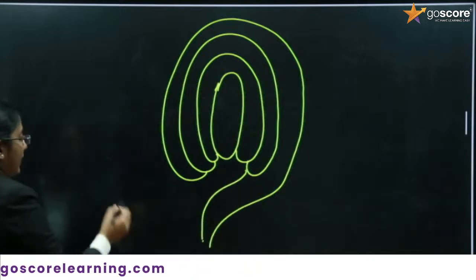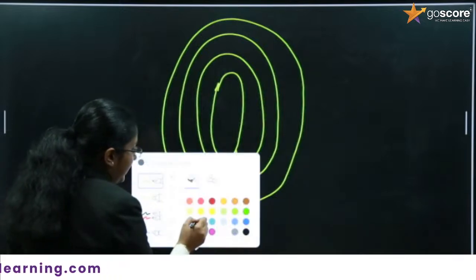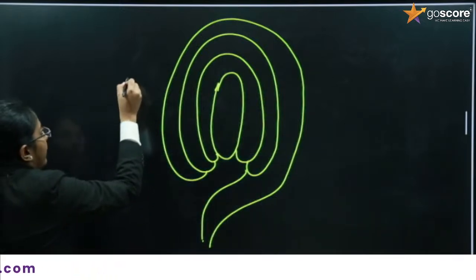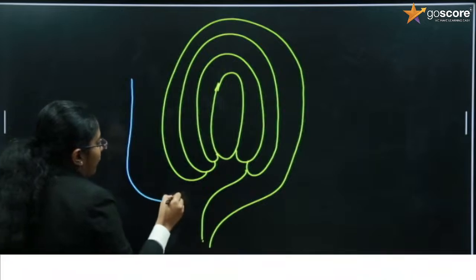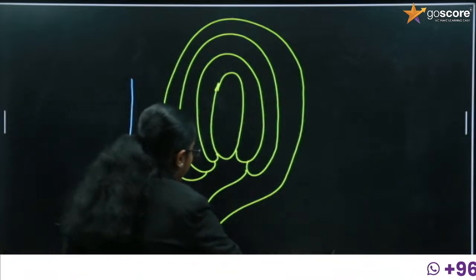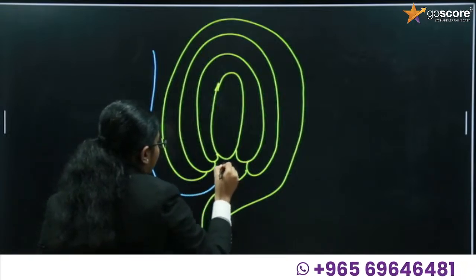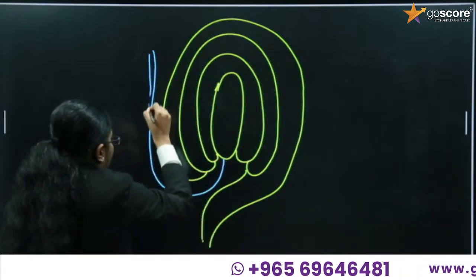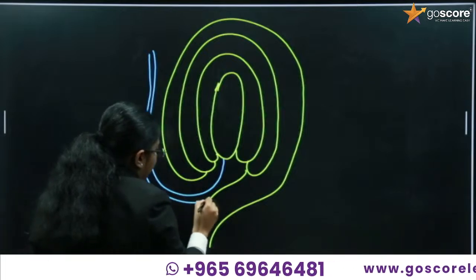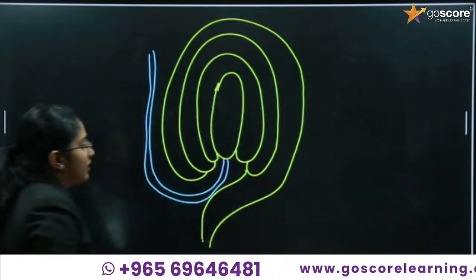So when the pollen grain attaches, the pollen tube forms inside. The pollen tube is formed through the micropylar region.